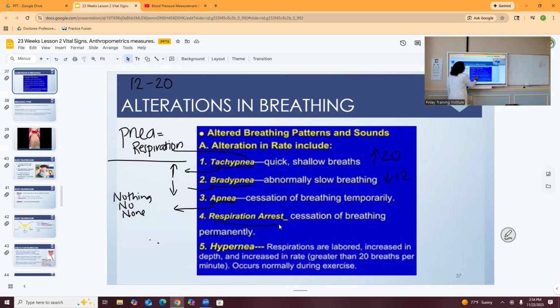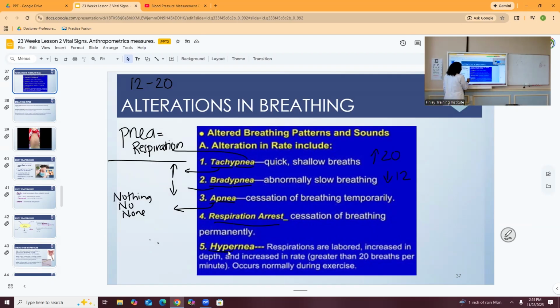Respiratory arrest is going to be the cessation of the breathing that is abrupt and permanent. For example, a patient in cardiac arrest, the heart stops beating, so the rest of the body stops working. So there's no respiration either. There's an abrupt stop in the breathing. The patient is not breathing and doesn't have a heart rate.